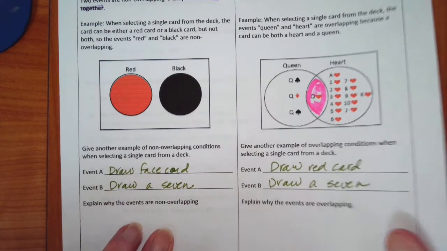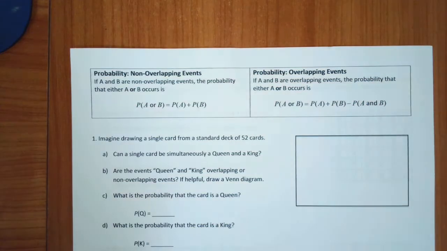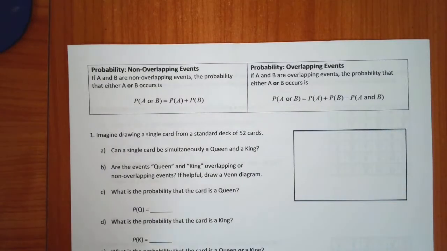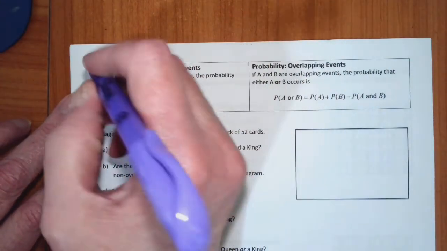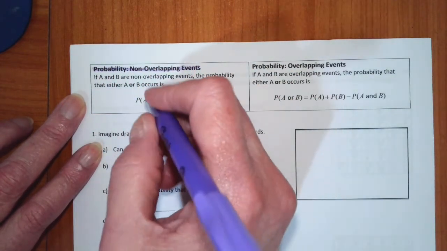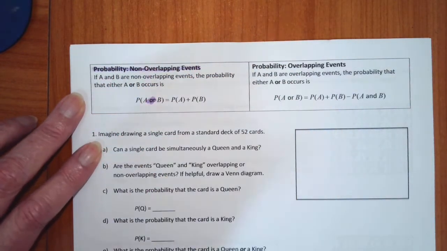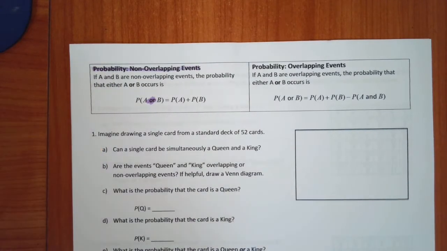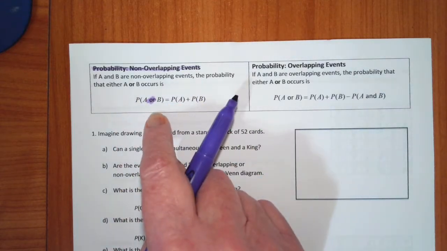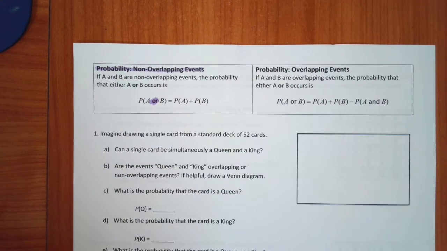Of course, there are new formulas for these, and if you have non-overlapping events, the probability that A or B occur. Remember, our other ones was and. These are or. The probability of A or B, you just add the probabilities together.